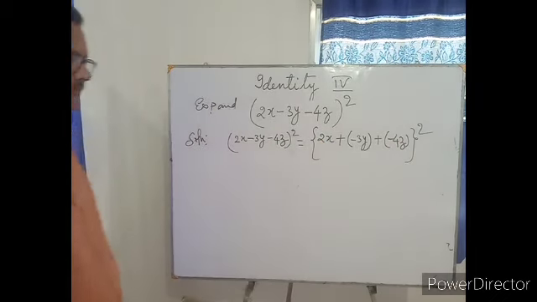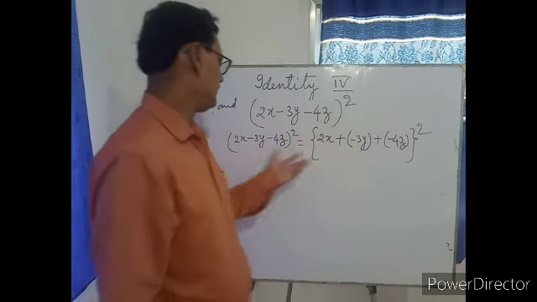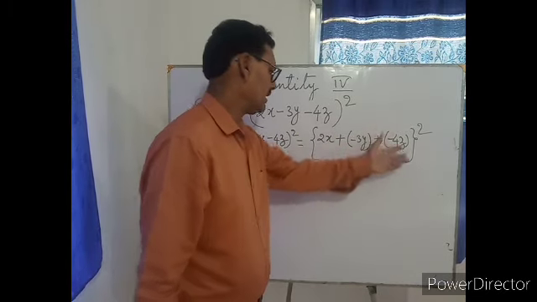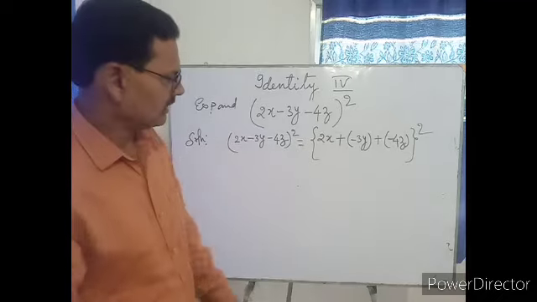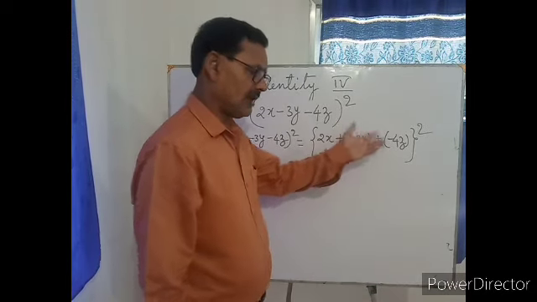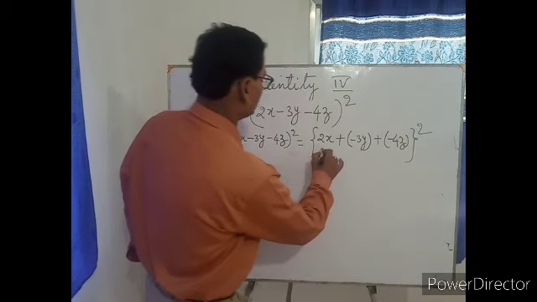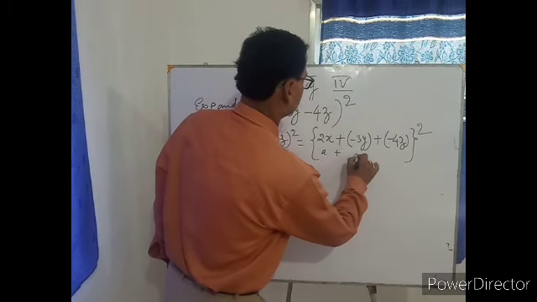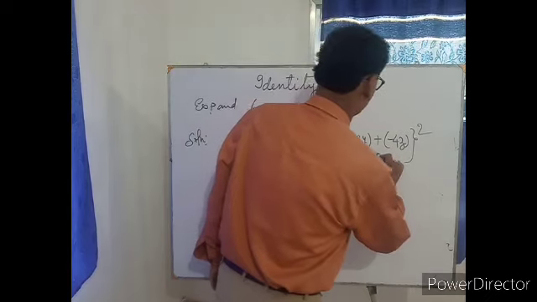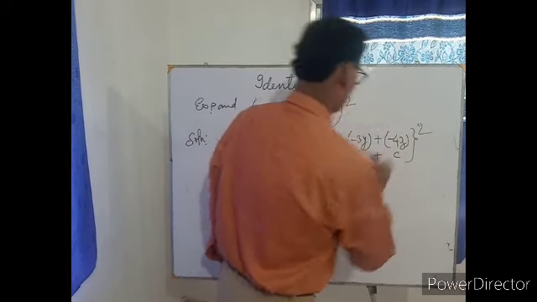Any problem? No problem at all. Plus minus will remain minus 3y, and plus minus will remain the same, minus 4z, whole square. So I don't think you have any problem. Now it is better to understand that a is equal to 2x, b is equal to minus 3y and c is equal to minus 4z.